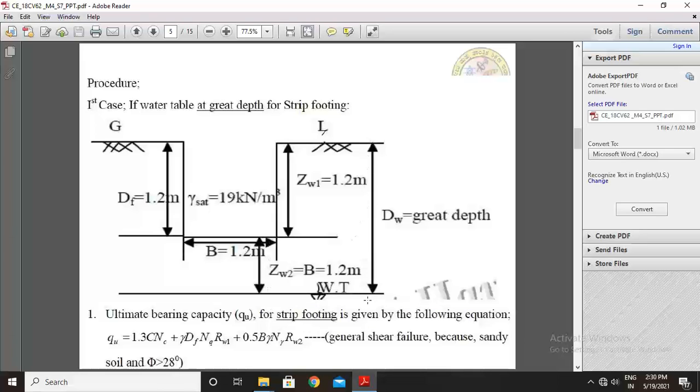From here to here we are considering Dw, which is great depth, and this depth we are considering Zw2 is equal to B is equal to 1.2 meters, and this is Zw1, that is equal to 1.2 meters. The ultimate bearing capacity is given by the equation.